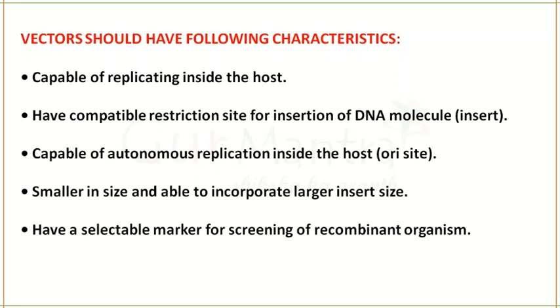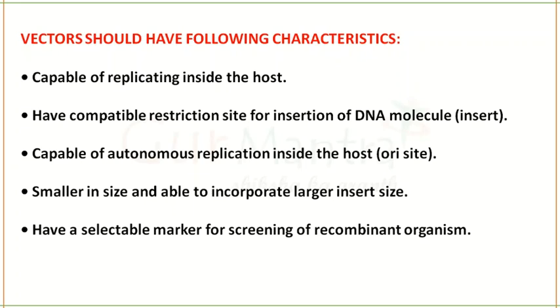So vectors should have the following characteristics. What are the characteristics that a vector must possess? First, it should be able to replicate within a host cell. After going inside a host cell, it should be able to replicate and increase its number. It should have a compatible restriction site for insertion of the DNA molecule, right? If the restriction site is compatible only, then we will be able to insert the gene of interest inside the vector.